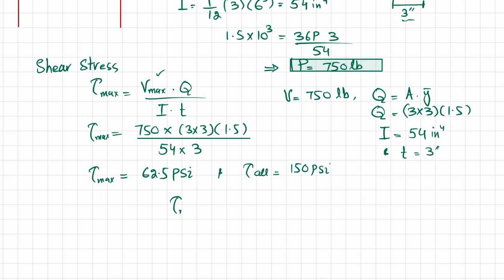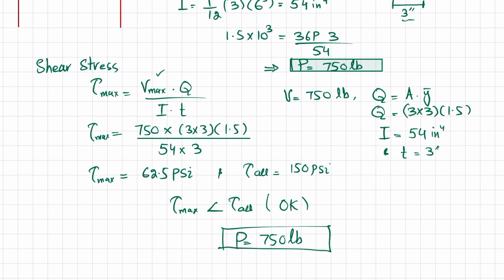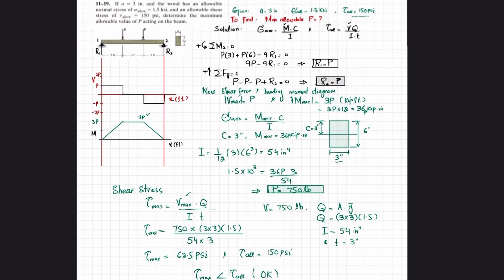So the maximum shearing stress is less than allowable, so it means that this P equal to 750 pound can be applied on this wooden beam.